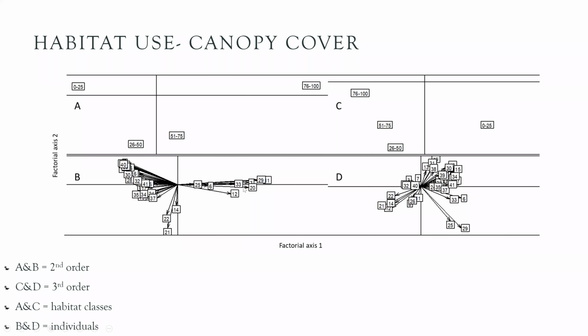Over here, we did see some individuals that were selecting for higher levels of canopy cover in that home range analysis, and similar to the last instance, as we move into that smaller scale third order selection, we really see a lot less of a trend. Again, we see there are some trends prevalent in second order selection, but as we move into third order selection, they really start to.